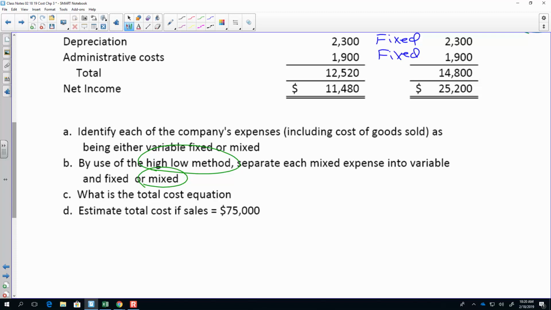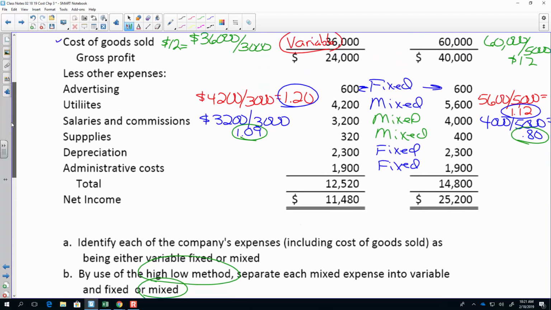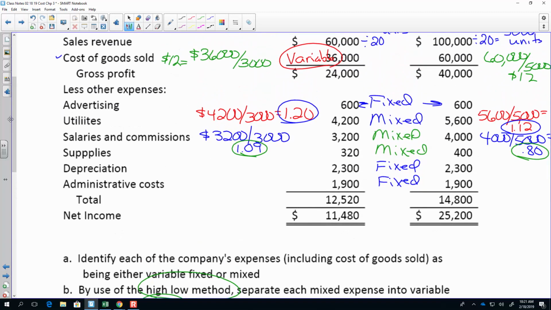So what I'll do for this one also is put the answer key out to show you the computations of how I got to the total cost formula. So are you confident now you can pick out which costs are variable, which ones are fixed, which ones are mixed? That's the goal here.